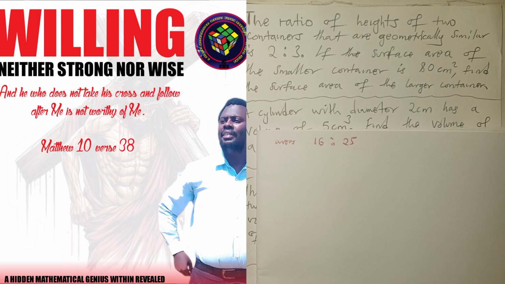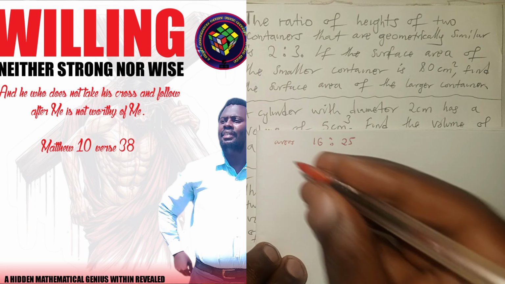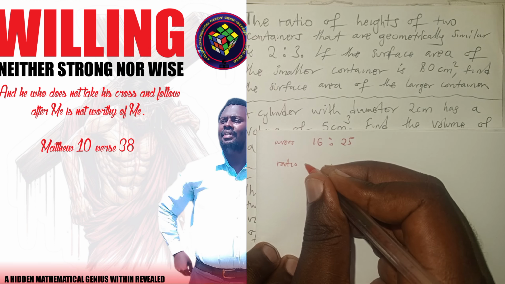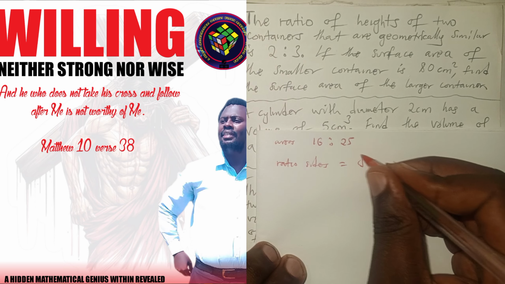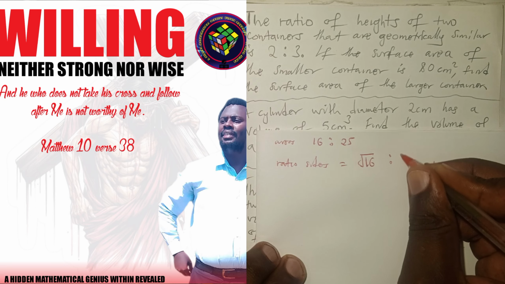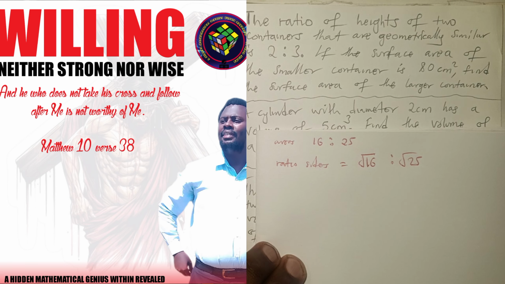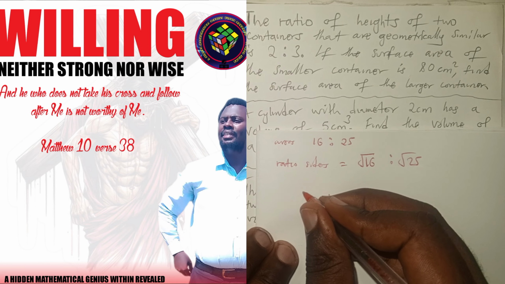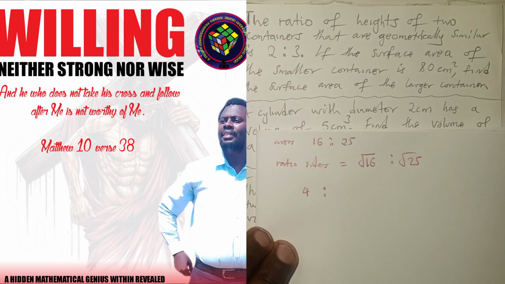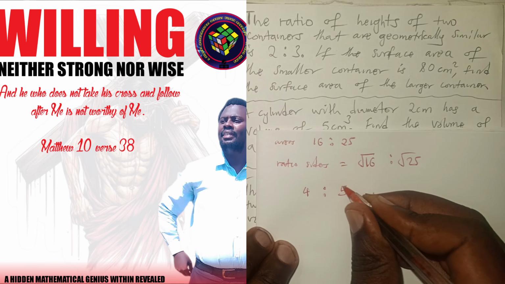So from ratio of areas to ratio of sides, we are going to square root. To get the ratio of sides, you just square root the ratio of areas. So we are going to have the square root of 16 is 4 to the square root of 25, that is 5.